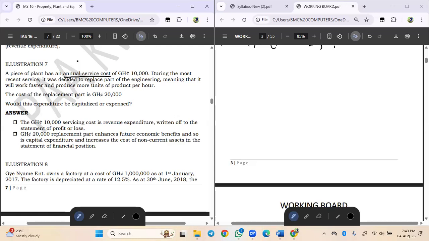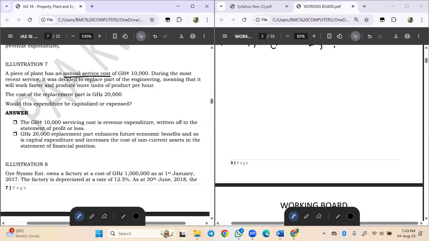Now, what it means is that if you have a subsequent expenditure that meets the capitalization criteria, let's say the replacement of 20,000 happening in 3 years' time, you have to calculate the depreciation up to that time.